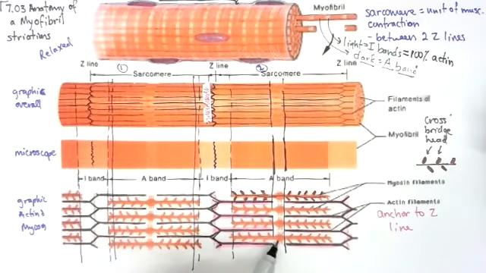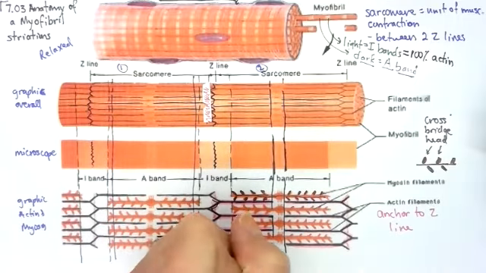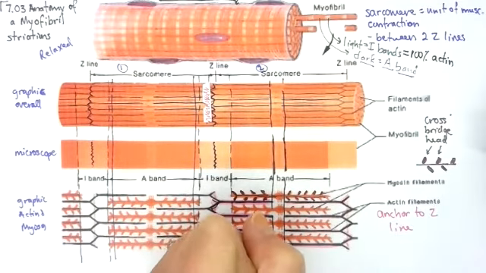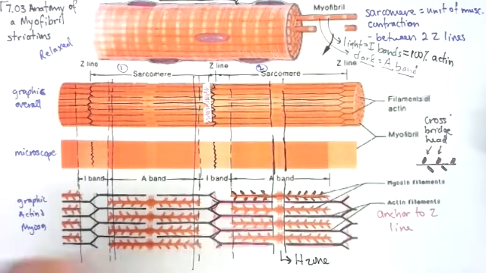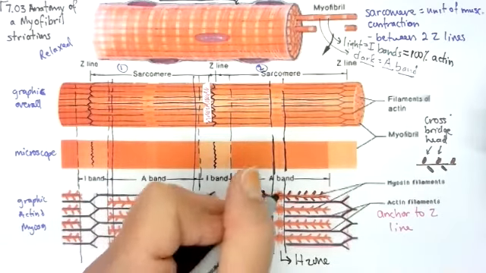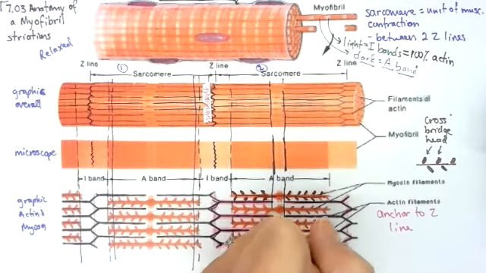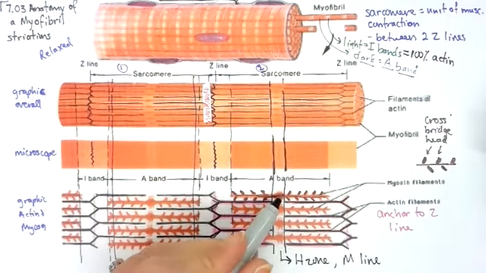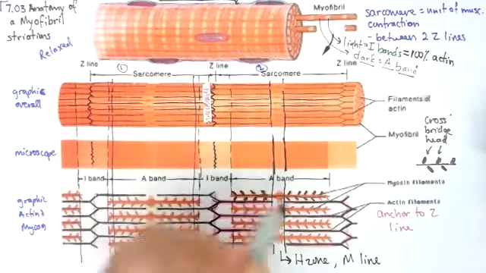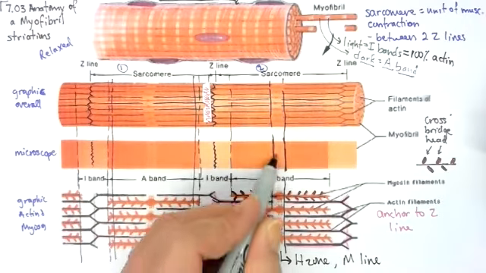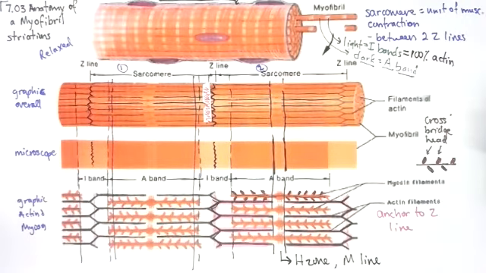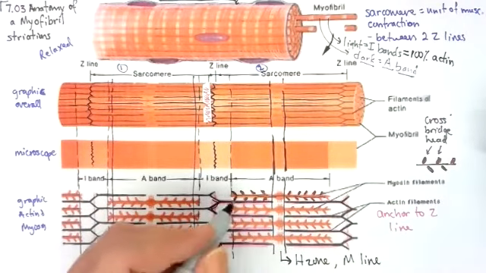What kind of fibers? Did you say myosin? So this lighter area down through the middle is called the H zone, and it's anchored at the middle with an M line. So we have the H zone here down through the center, and then we have an anchor point called the M line for middle.